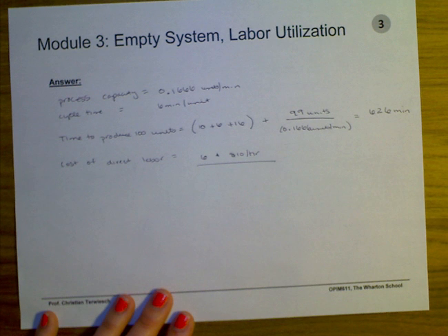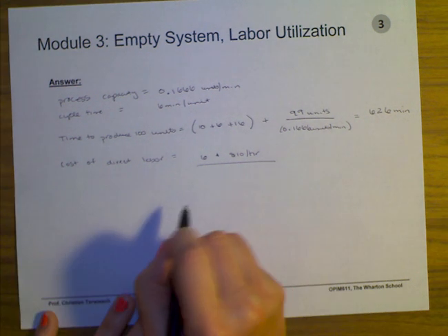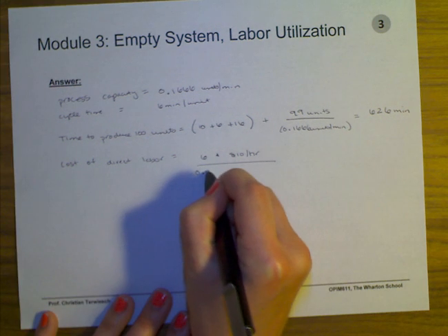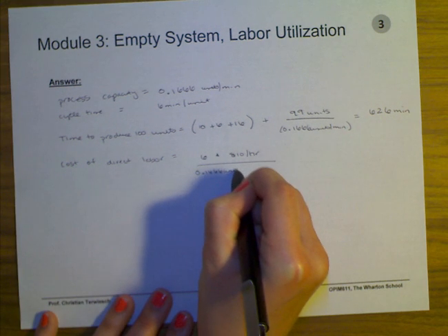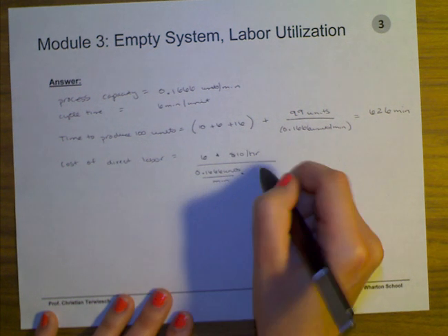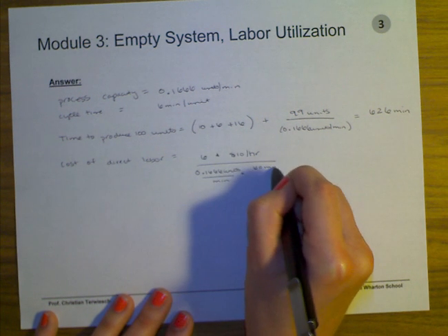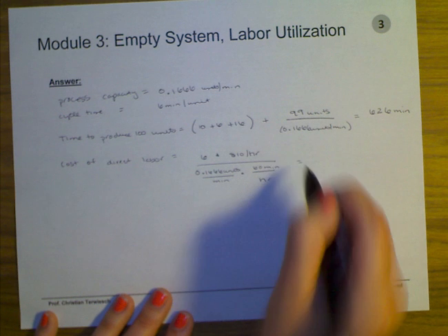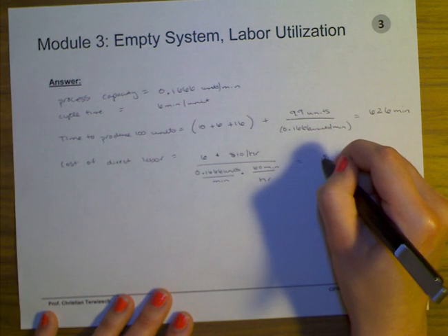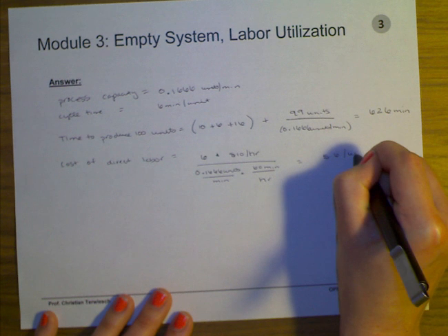And then we need to figure out how many units we can produce in that time period to figure out how much money we're spending per unit. So we know that we can produce 0.1666 units per minute. And we know that there are 60 minutes per hour. And that gets us a cost of direct labor of $6 per unit.